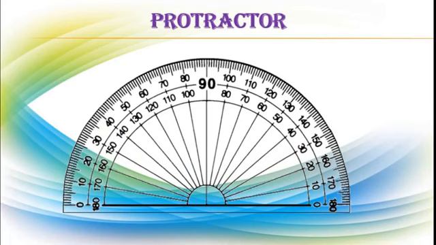Remember this. Now see, this is a protractor. I think you have seen this in your geometry box. This is called a protractor. Some students call this one a D, but that is not the proper word for this. The real name is protractor.